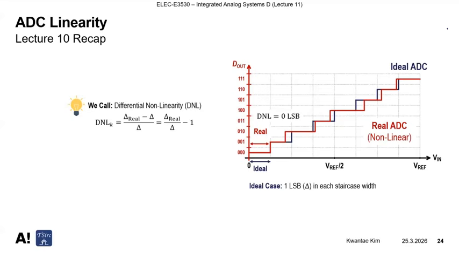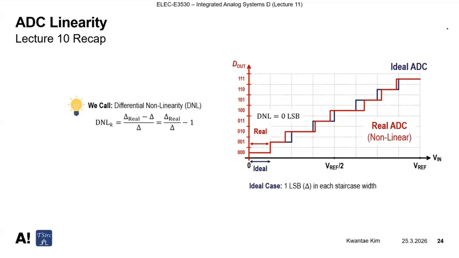We are measuring the width of each staircase, real and ideal, and taking the ratio of how much the real staircase width deviates from the ideal. For the ideal case, each staircase has a width of 1 LSB. In this case, because the real ADC's width and the ideal ADC's width are exactly the same, we call the DNL 0 LSB.